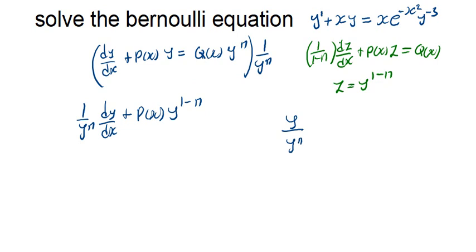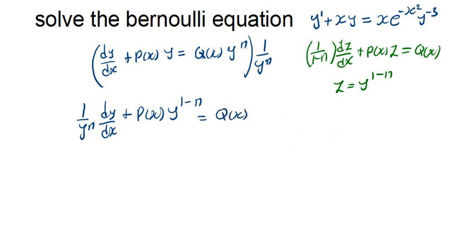Since the bases are the same, y is y to the power 1, so we say this equals y to the power 1 minus n. Since they are dividing each other, this 1 is going to subtract this n that is down here. That's how I came up with y to the power 1 minus n. Then this will just be equal to q of x.